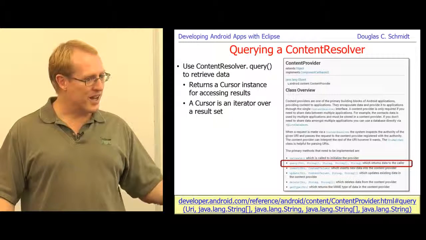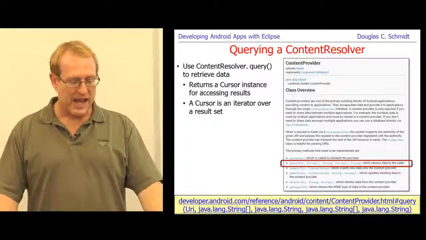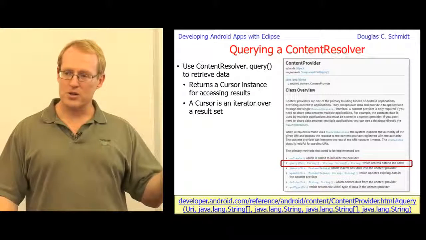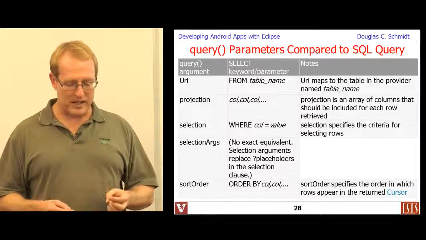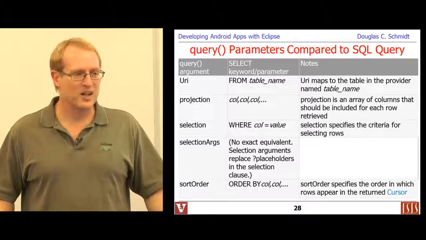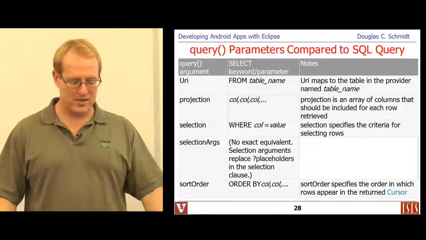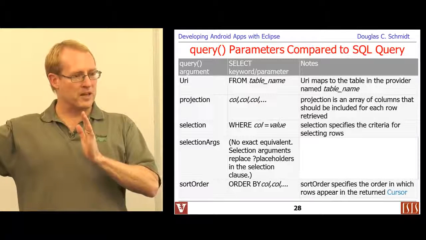There's also a query operation, which is not unlike the query operation SQLite provides. And as before, it gives you back a cursor, and then you can do various things to the cursor. If you take a look at what's provided here, again, it looks very much like what's defined in SQLite and SQL. It's got the URI. It's got this projection, which are the columns that you want to pay attention to.